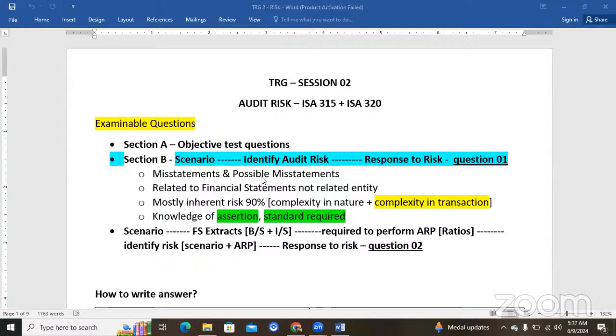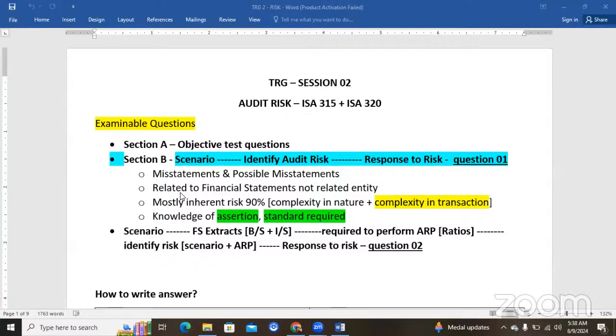A possible misstatement means something not prohibited by the standard, but when you try to comply with that requirement, there is a possibility of mistake. These are the two issues generally given in your case study: a confirmed misstatement, such as non-compliance with the standard, or a possible misstatement, such as a possibility of non-compliance.